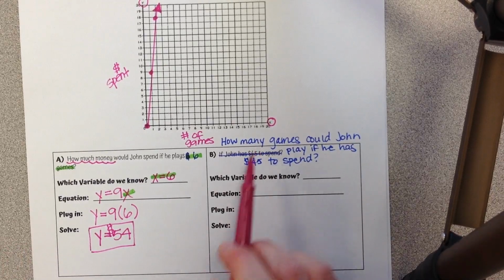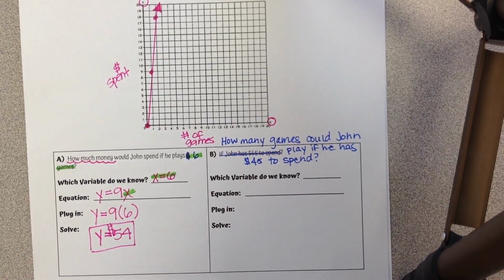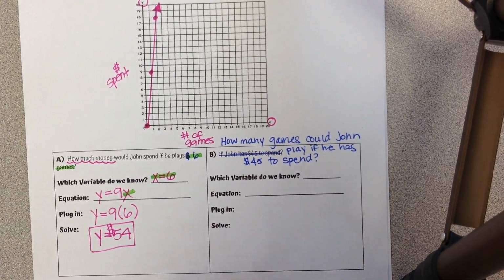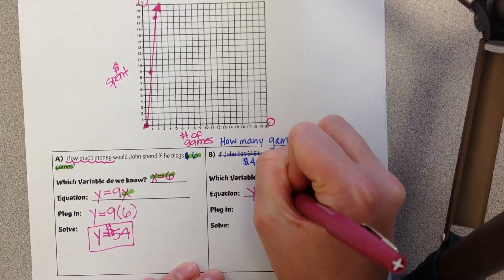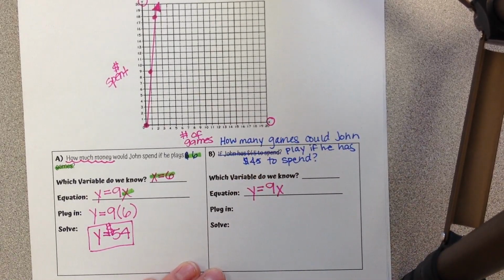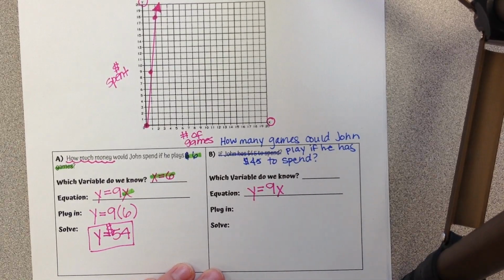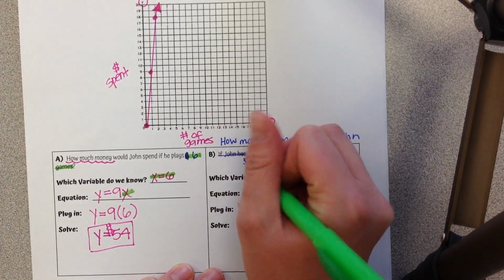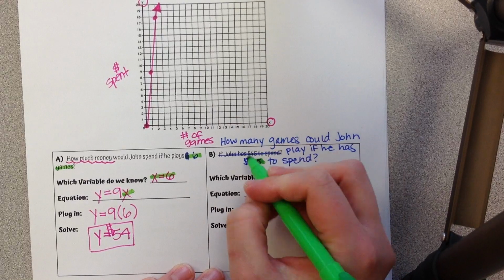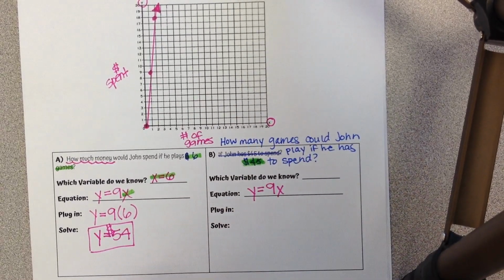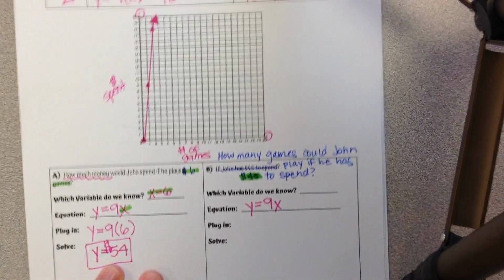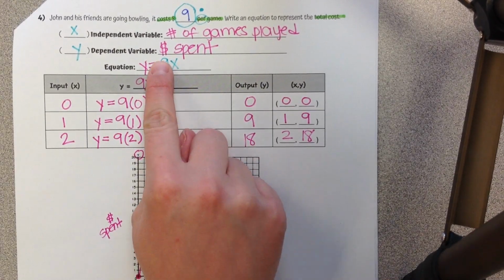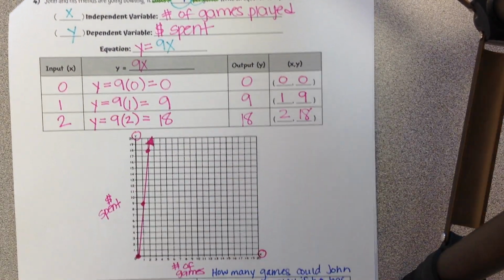How many games could John play if he has $45 to spend? I know my equation, still working with Y equals 9X. What do I know? My number is 45, and the unit it's talking about is dollars, $45. Again, I can check up at the top. Dollars was my Y value.